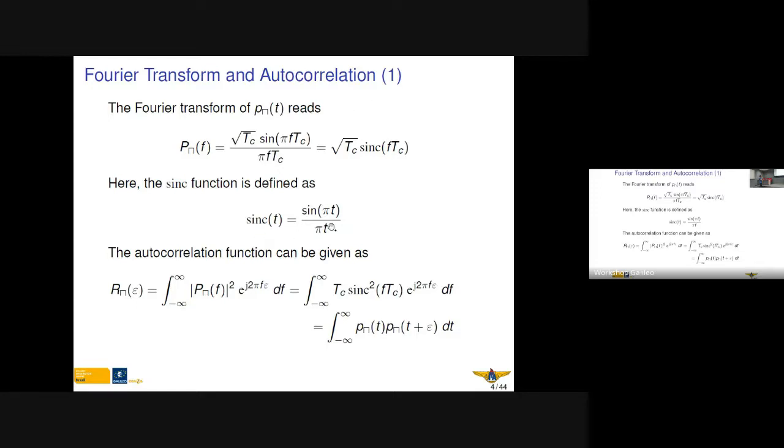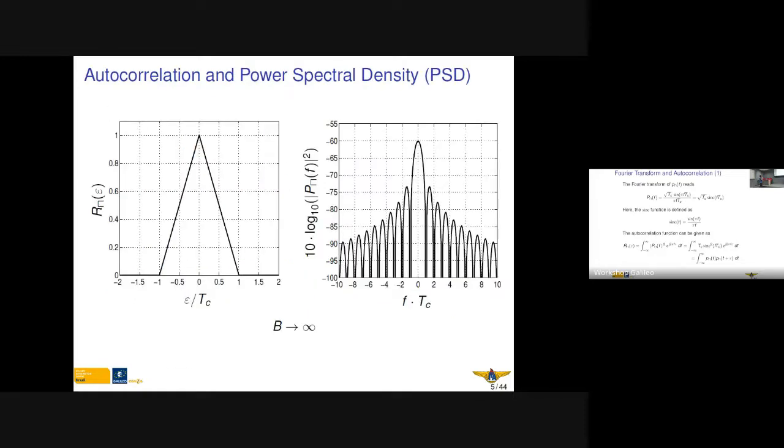Here's the definition of the sinc function that we are using. And here below, we can calculate the autocorrelation function, which is a triangle in our case for the rectangular chip shape, and we can also see here for infinite bandwidth. So when B goes to infinity, we have a triangle as the autocorrelation function of this chip shape, and we have this power spectral density where we have the absolute value of a sinc function with quickly decreasing side lobes.